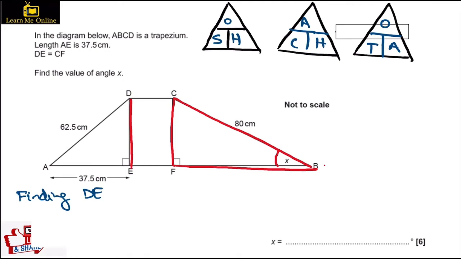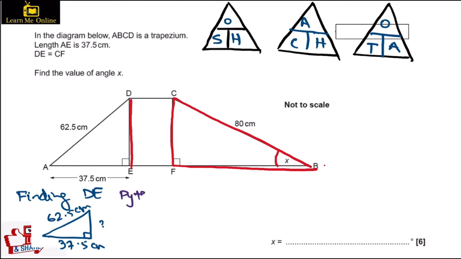So to find out the length of DE, what do we draw first of all is the right angle triangle. This is 62.5 centimeter. This is 37.5 centimeter, and we are finding out this length. Now remember that because we have got two lengths of the right angle triangle given and we are finding out the third one, we use the Pythagoras theorem.